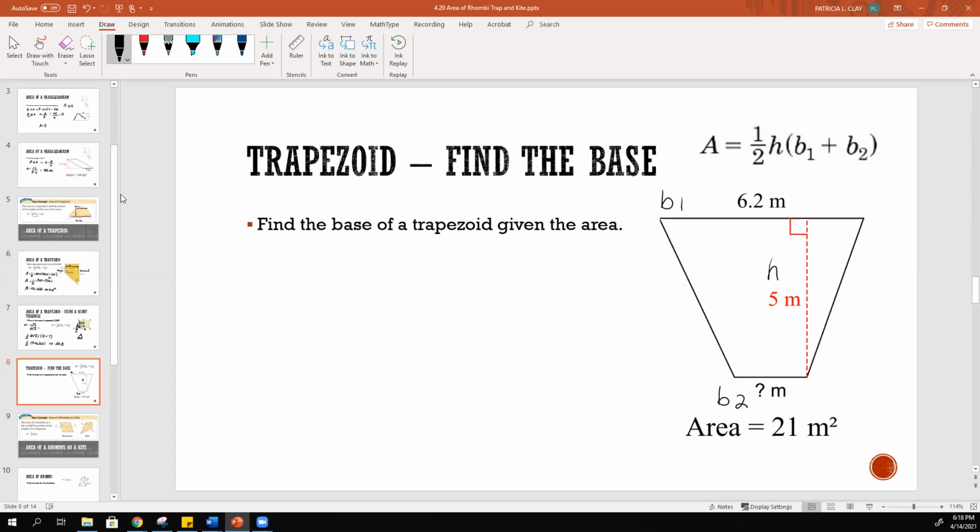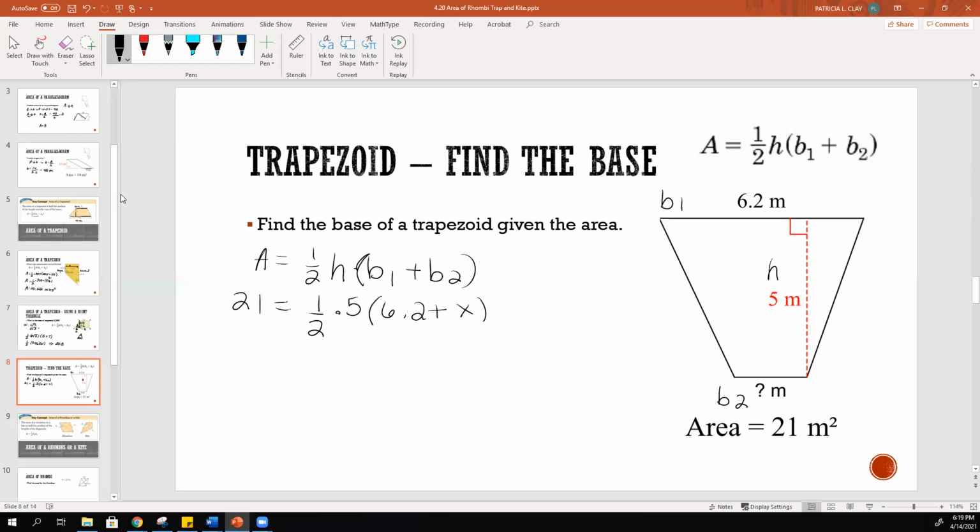Sometimes that helps us. So I'm going to rewrite the formula and then I'll plug in the values that we know first. Okay, so the area is 21, 1/2 the height, and 6.2. And now instead of calling this B2, I'm just going to say plus X.